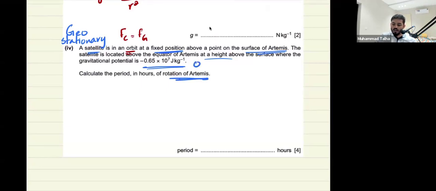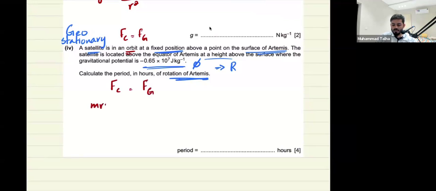So with this phi, I can find out the r value for it from the graph, right? Whatever this height is. So once I have that radius, then I can use Kepler's third law to find out the time period of rotation. Just this one time, I'm going to do Kepler's third law derivation here, which is that gravitational force equals Fg.